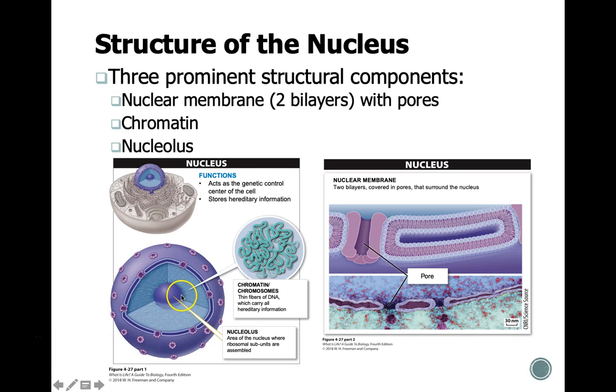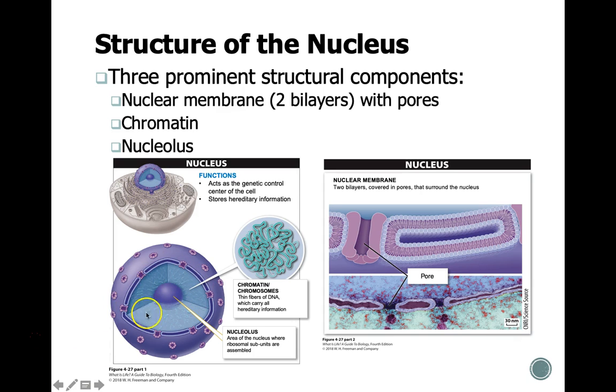Within it is a region called the nucleolus. Now the nucleolus is where ribosomes are made. We're going to come back to ribosomes a little bit later. I'm not super worried about whether or not you know what all goes on in the nucleolus. It's important in making the ribosomes, and that's really all I need you to know.